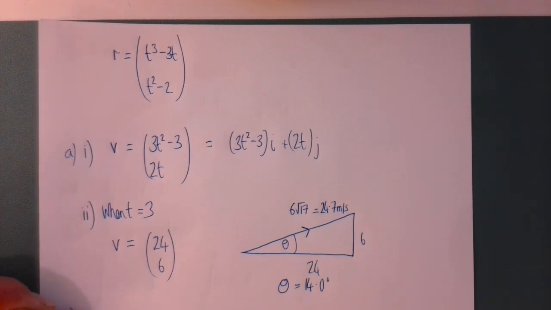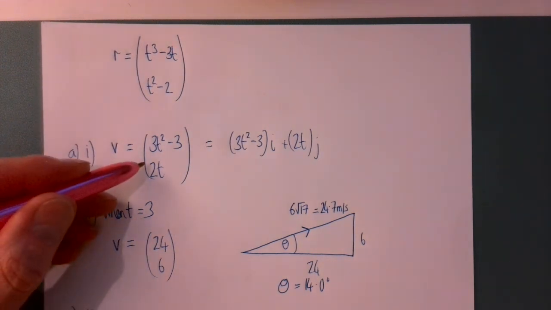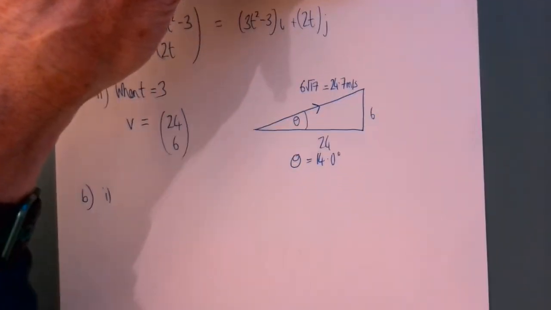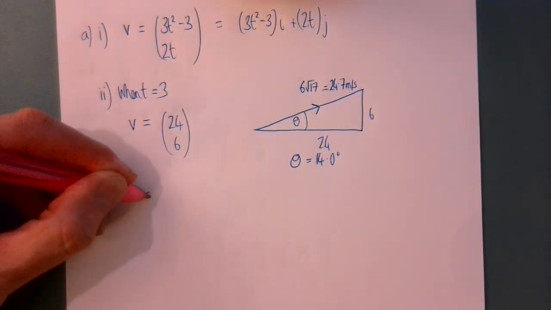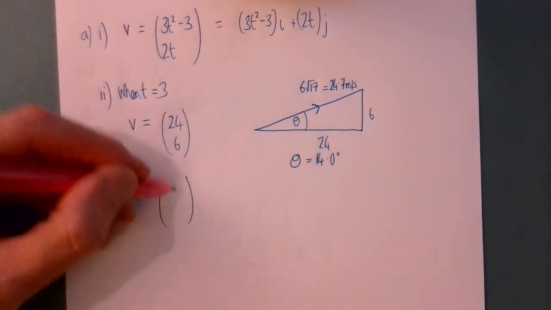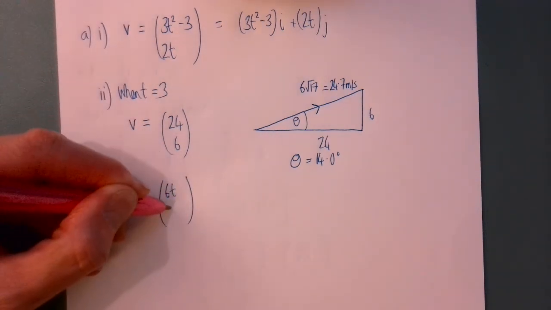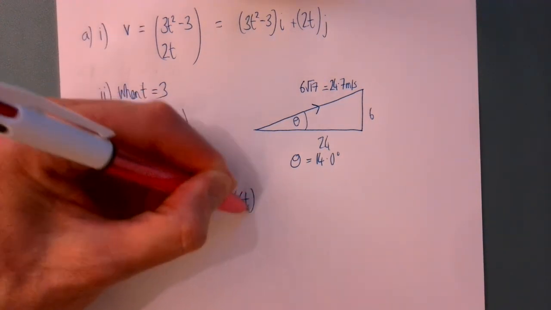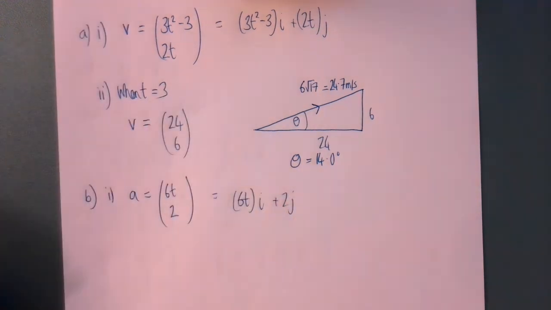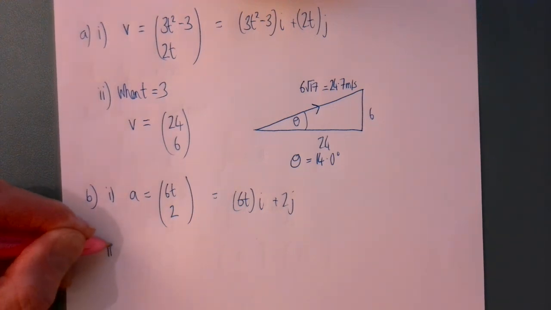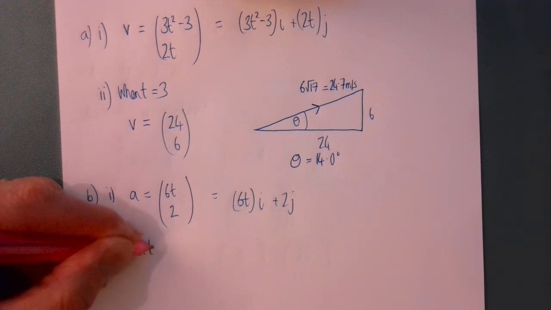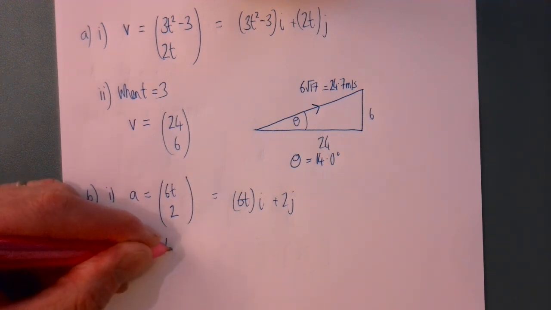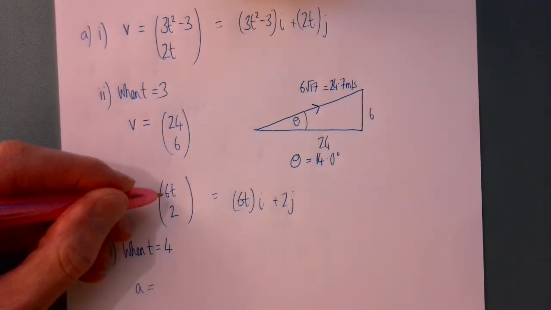We're then asked to find an expression for the particle's acceleration in part B. So I'm just going to differentiate my velocity expression. So it's going to be 6t and 2, and the magnitude of the particle's acceleration when time t is 4. So 6 times 4.